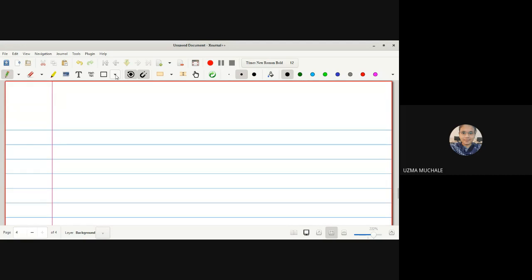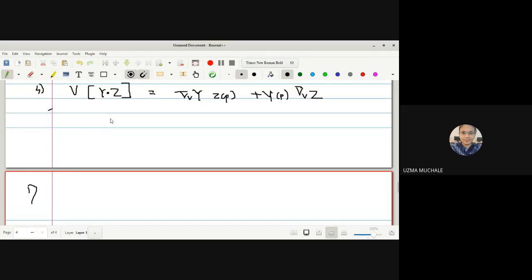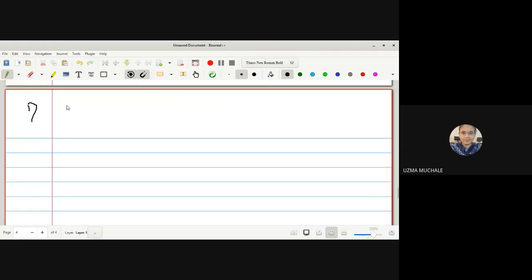Okay, let us go for the solution of the proof. First one, how to write the first one. Before that, first we should know the formula for del VW. How to write this? The summation over i of VP Wi, the directional derivative of Wi, Ui at a point P. So where do we have to start? Del AV plus BW of Y is equal to, how to write this?